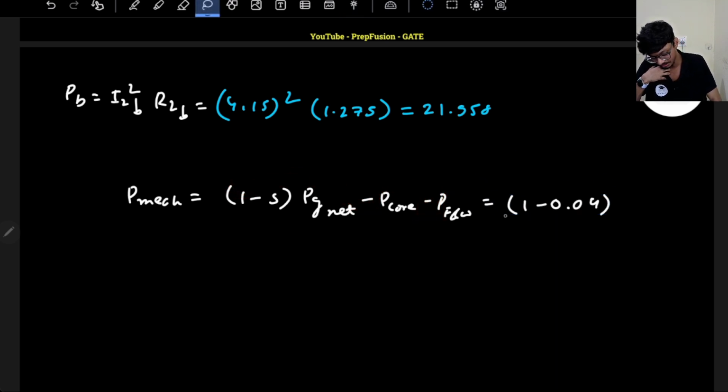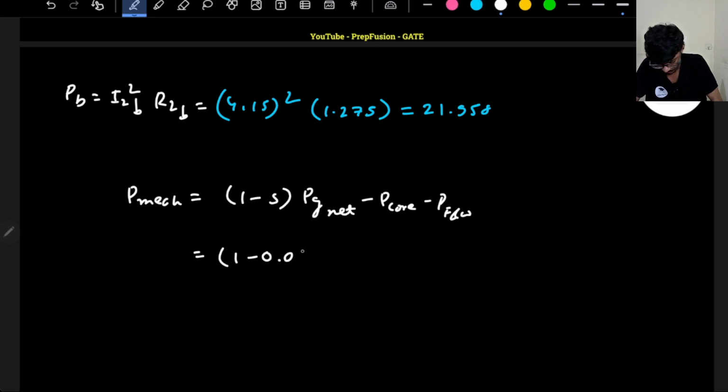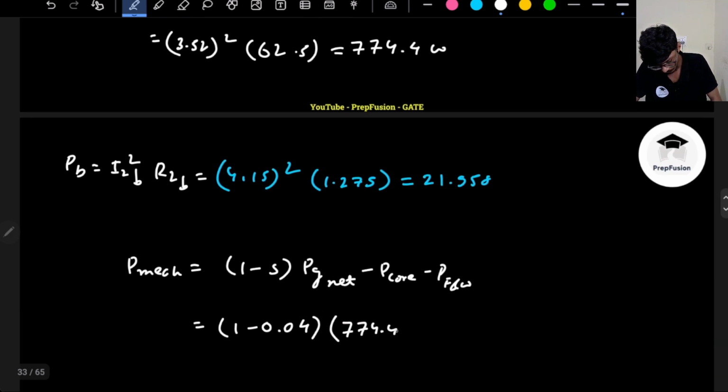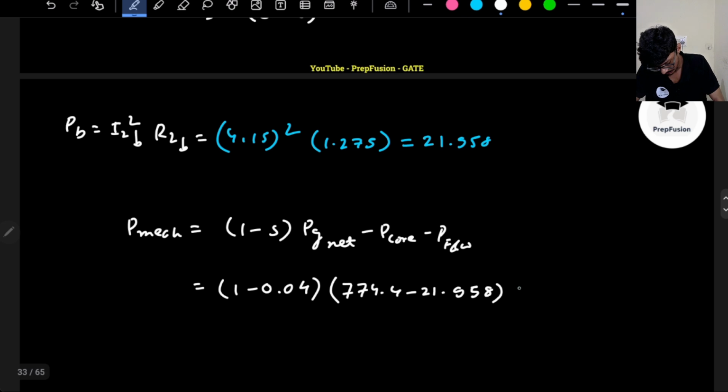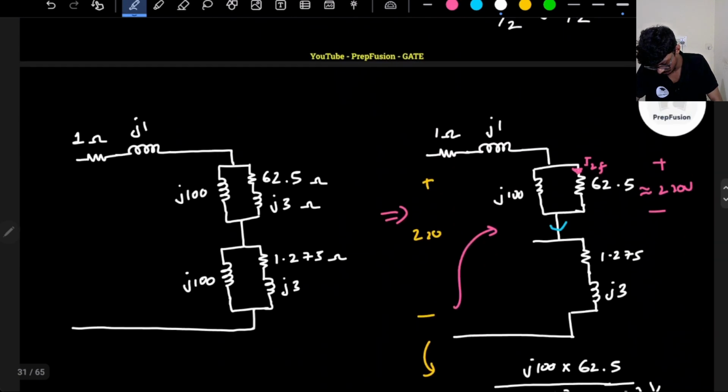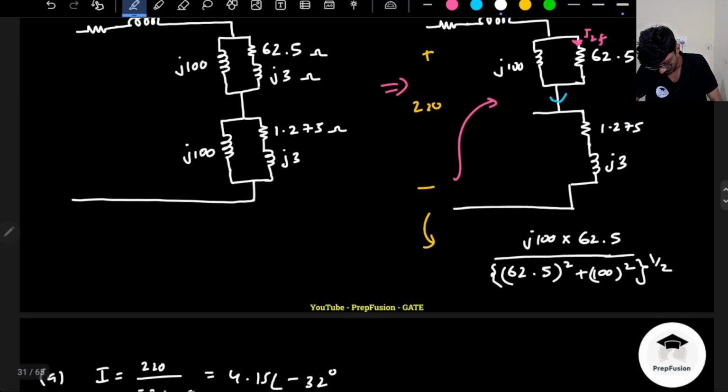So this value will be equals to PG net, which is 774.4 minus 21.958 minus P core, P core is 100 watts, minus friction and windage loss, friction and windage loss is 25 watts.